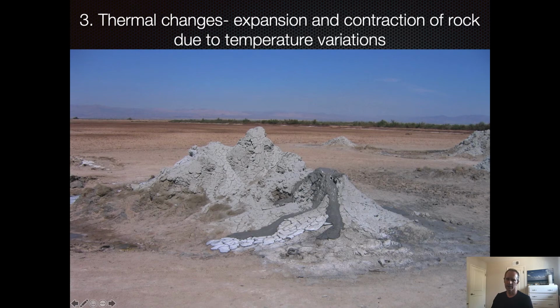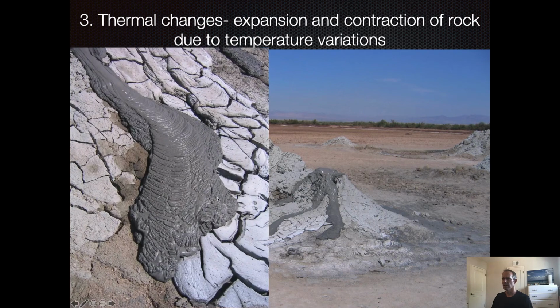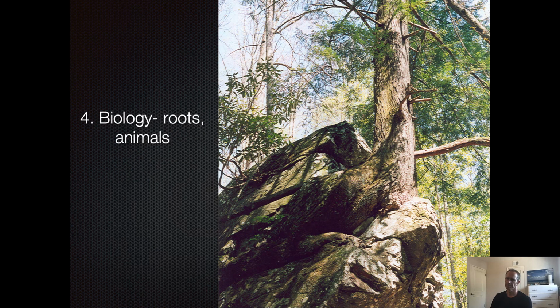It's also wet, so this isn't a perfect example, but as the mud cools, it then contracts and forms these cracks, similar to what you would see in lava on Hawaii or something, where as it cools, it contracts and cracks into pieces. So this is contributing to weathering of that material.